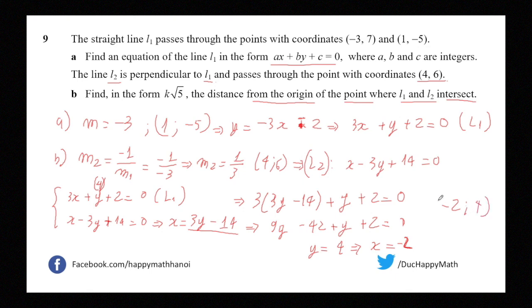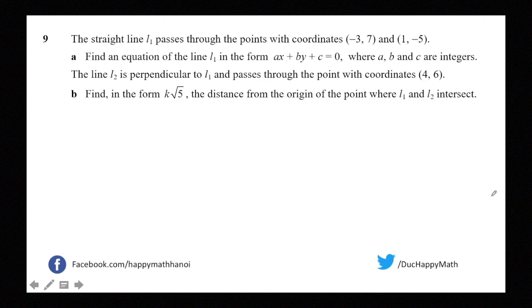So you have to calculate the distance between the origin, whose coordinate is 0 and 0, and this point, minus 2 and 4. Do you remember the formula to calculate the distance between A and B, with coordinates xa, ya and xb, yb?